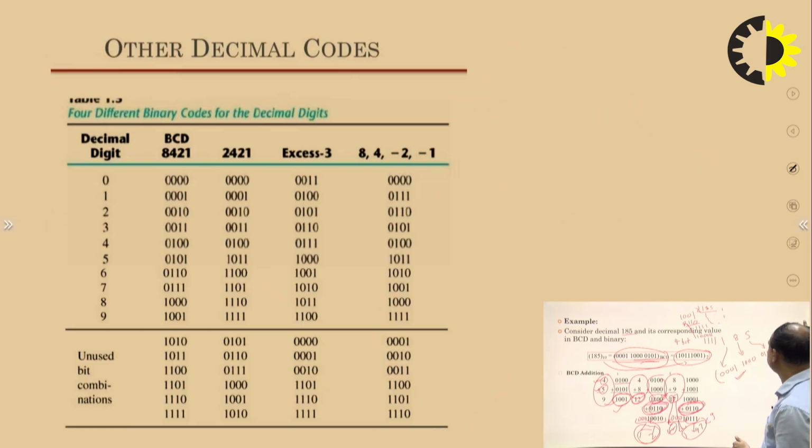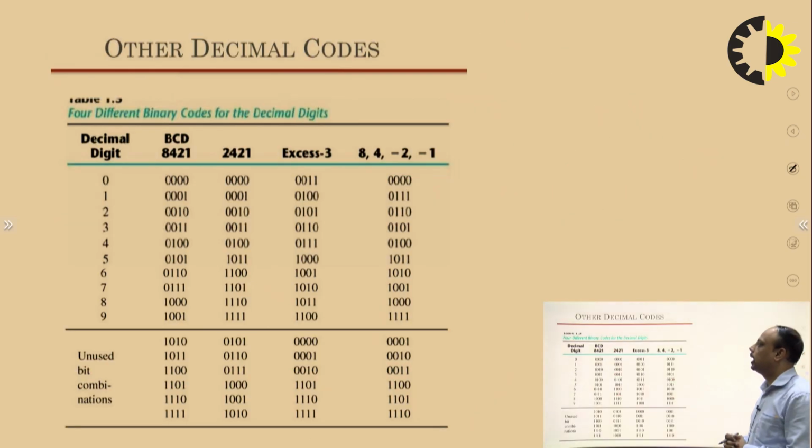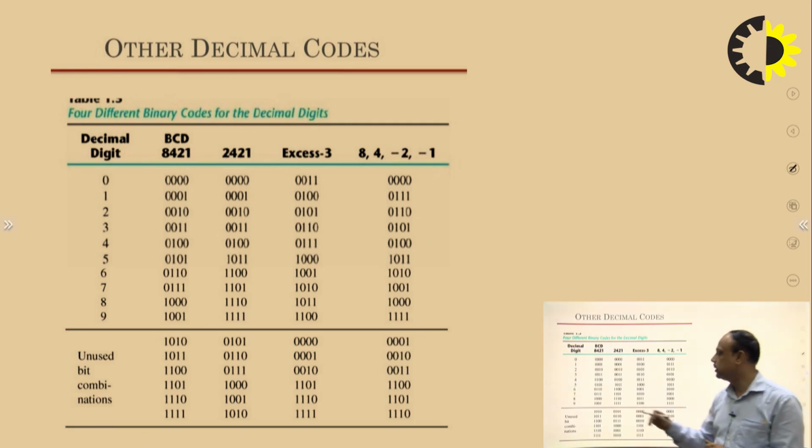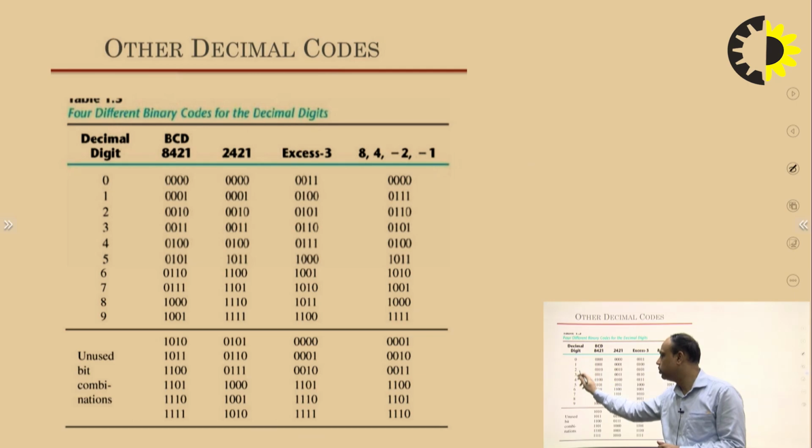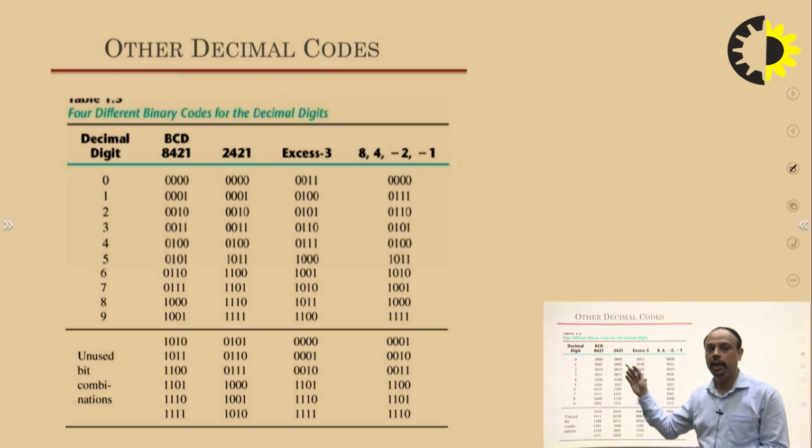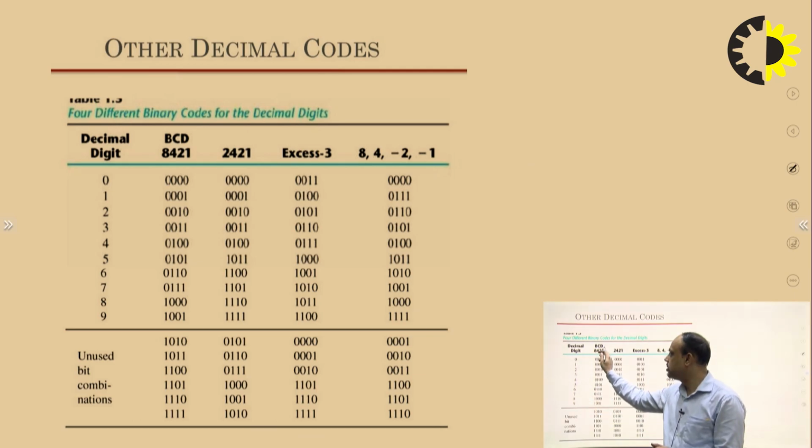The next topic is the other binary codes. There are many binary codes that already exist. That is, the digit is from 0 to 9 and its binary equivalent is like this: BCD, as we can already see, the 8421 code. 8421 is nothing but the weight assigned to each binary bit.